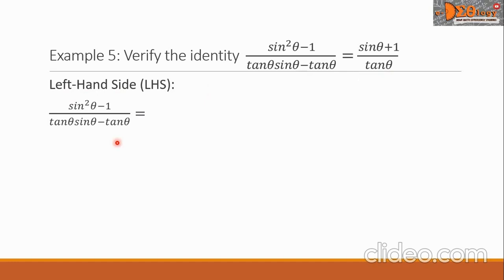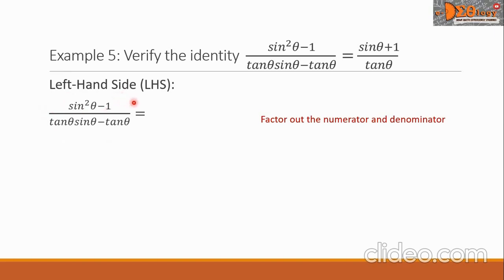Let's start the simplification. We will do factoring in the numerator and in the denominator respectively. Look at the numerator here. We can see that this is a difference of 2 squares. This number 1 is a perfect square.